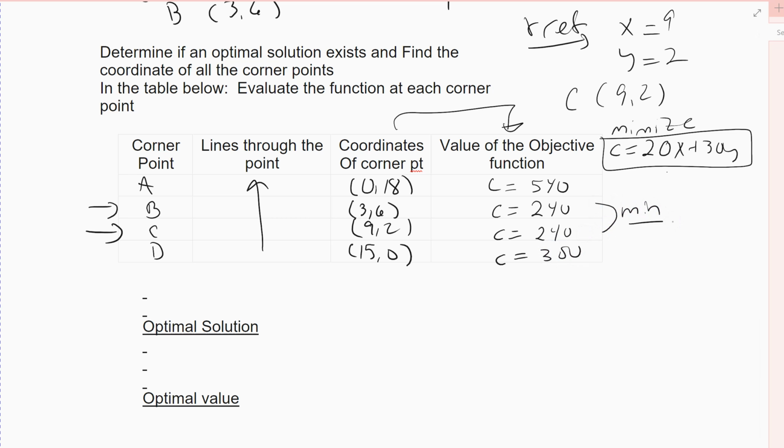Alright, so my optimum solution is, remember, cost is in cents, if you remember. Alright, so they can minimize the cost of the dog food by having the units of dog food. Alright, so the cost is minimized at 24 cents per unit.